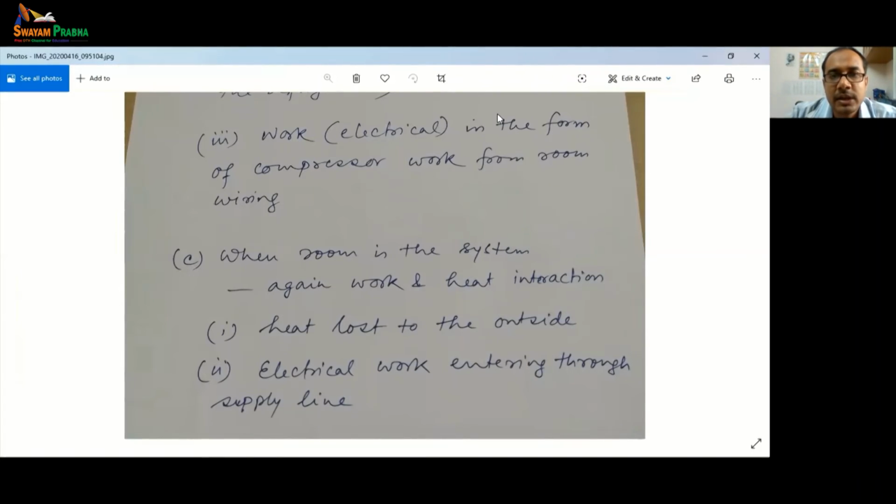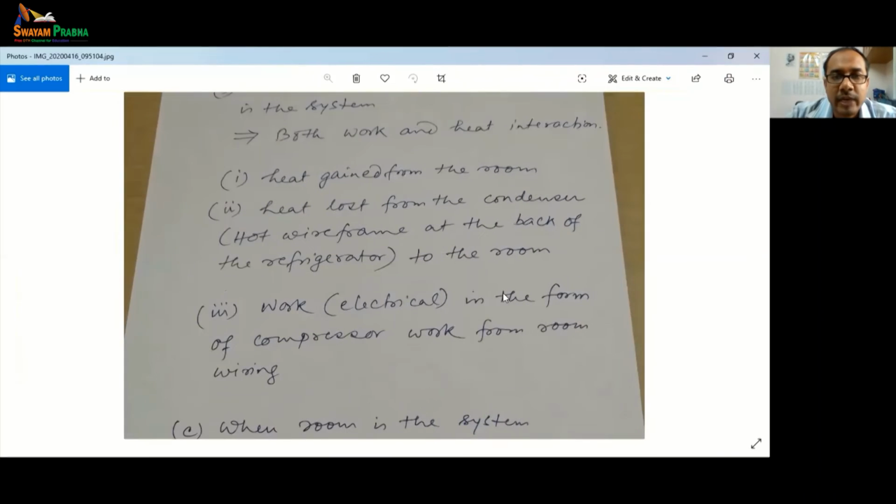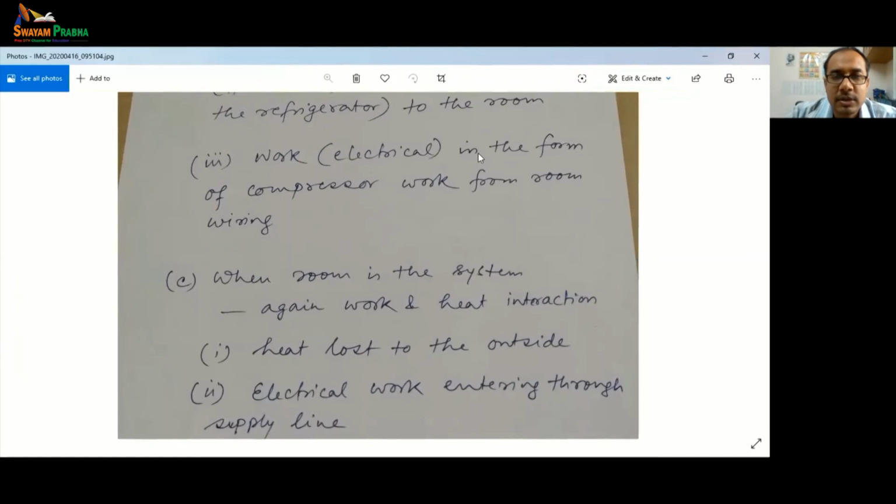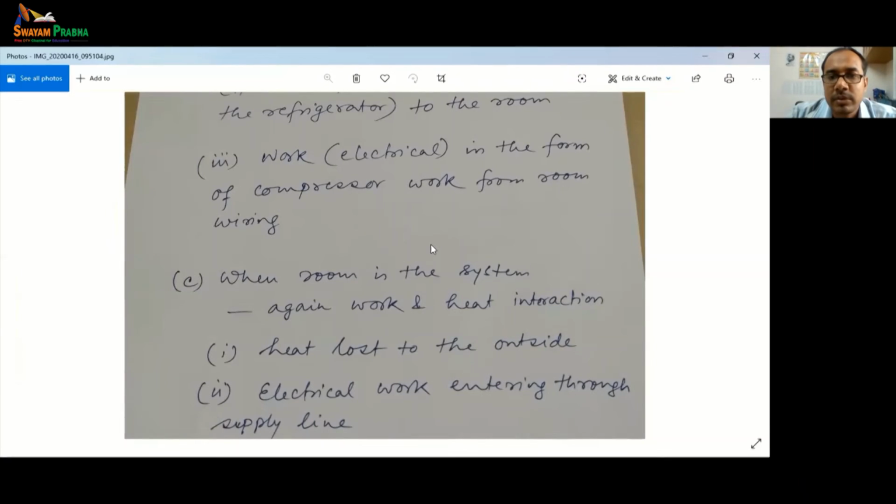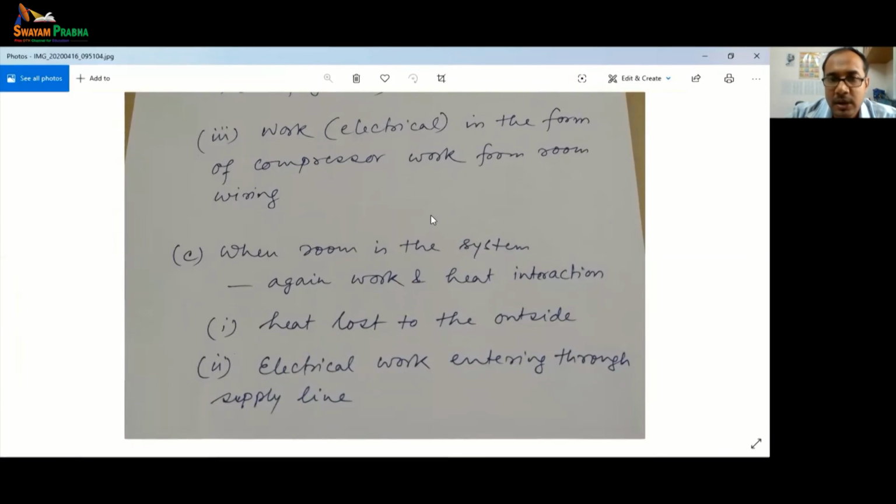So when the refrigerator is our system, we have two heat interactions. One is with the room, another one is heat rejected from the condenser, and the third one is the electrical work in the form of compressor work. Now you see, when we take the content, it is only the heat interactions.